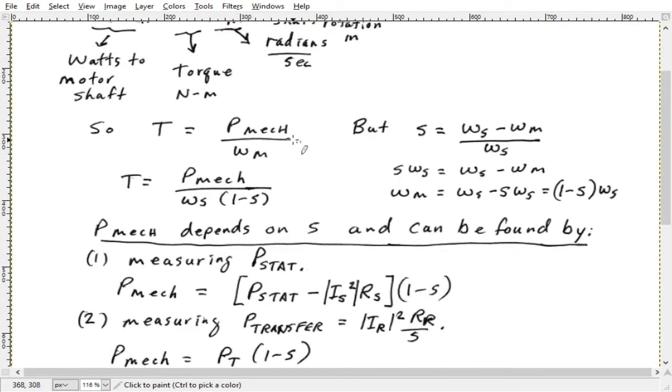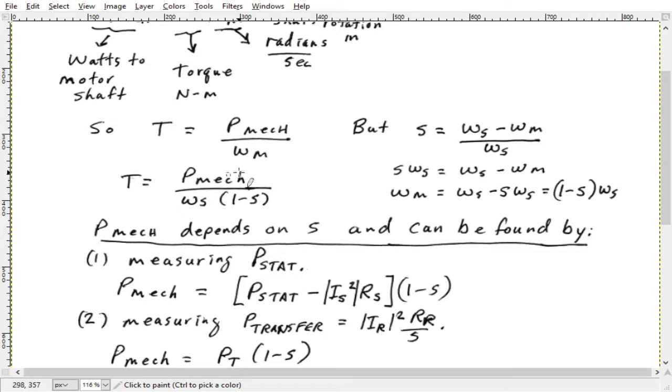Now here, what we're doing is we're saying, well, then torque equals mechanical power over the speed, but we notice that the slip equals this, so we can solve this for the actual motor speed, and we've already used this equation many times in our other programs, okay? So I go in and replace that into here, so we have an equation for the torque.